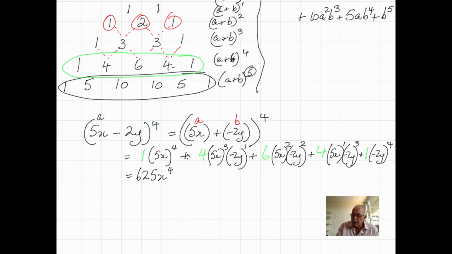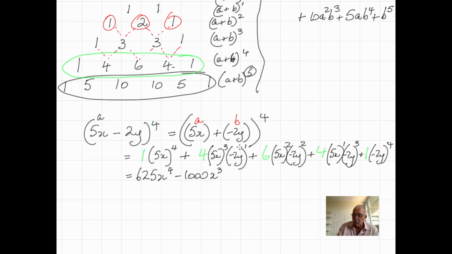Okay, now this plus here, when we expand this bracket, we've got negative 2y to the power of 1. So it's just negative 2 times 4 times 5 cubed, 125. That'll end up being negative 1,000. And then it'll be x to the power of 3. So we've got the numbers sorted.